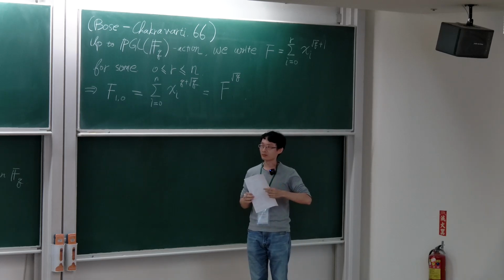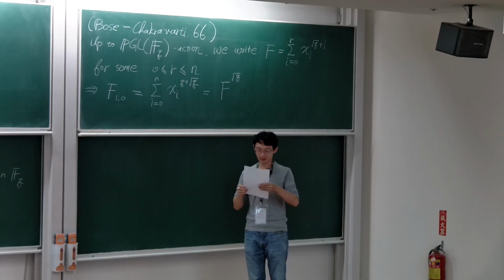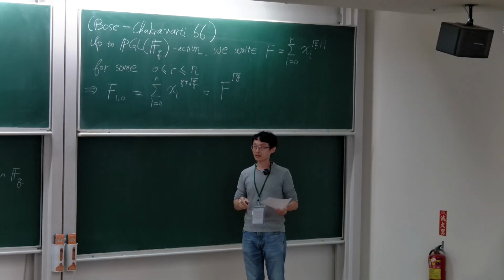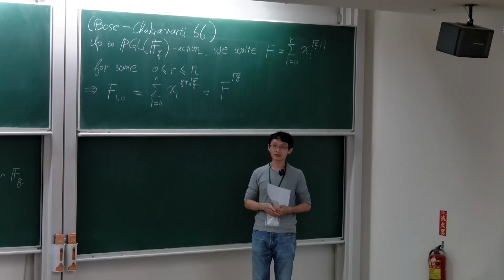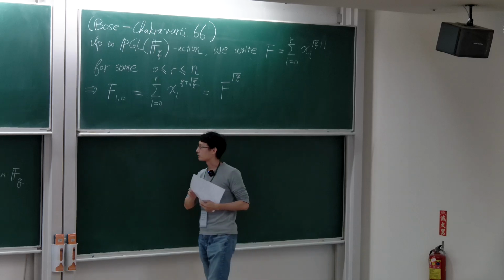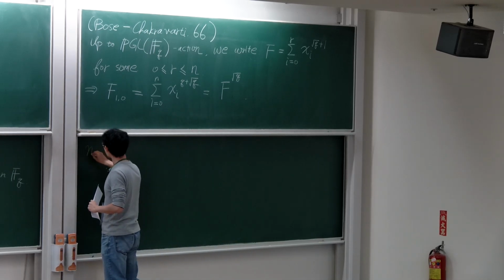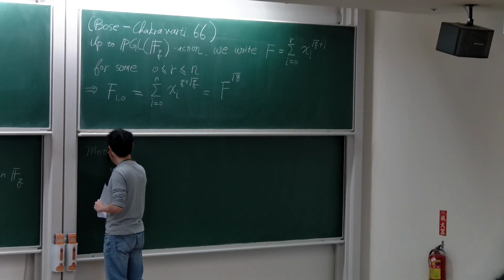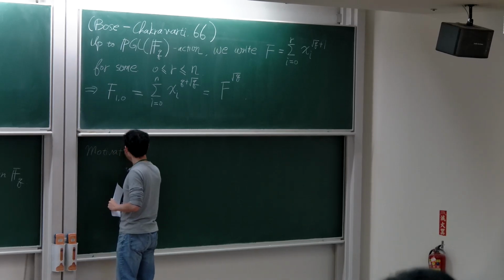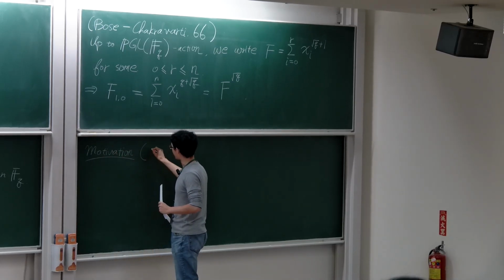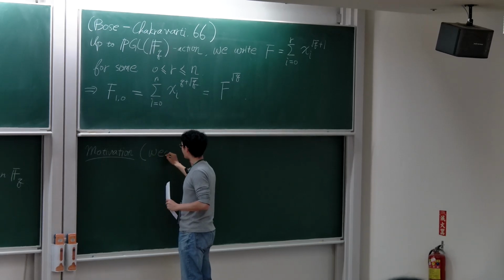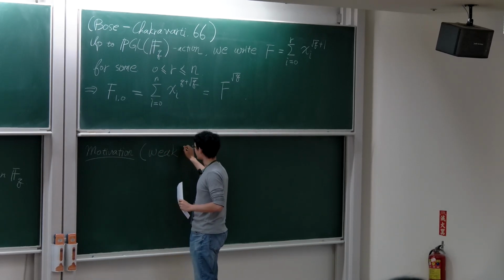But before mentioning the main results, I want to tell you some motivations about why we care about these Frobenius non-classical hypersurfaces. There are two motivations. The first motivation, I call a weak motivation.